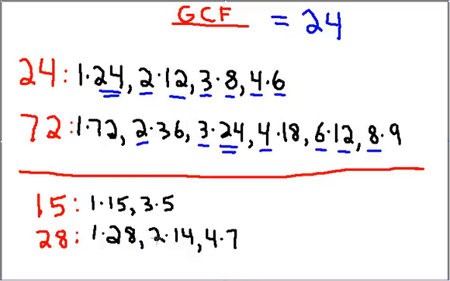Does it exist down here? No. So technically, what is the only common factor that these two have? 1, the number 1. When you have two numbers whose only common factor is 1, those two numbers are called relatively prime to each other. And that's just a term that you'll use a little bit more later here.